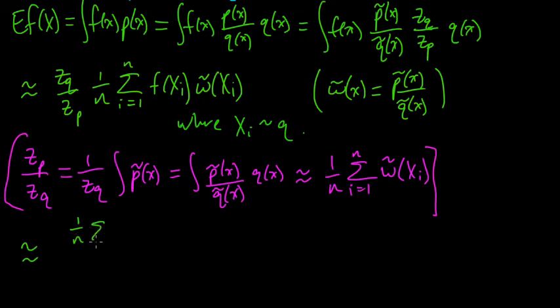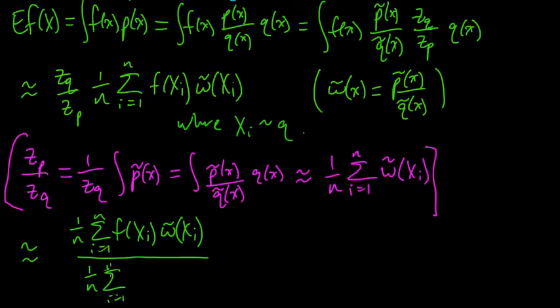So it's 1 over n, sum as i goes from 1 to n, f of xi, w tilde xi, divided by Zp over Zq, which is this, w tilde xi. Let's move this denominator and divide w tilde by the denominator, and call that w hat xi.